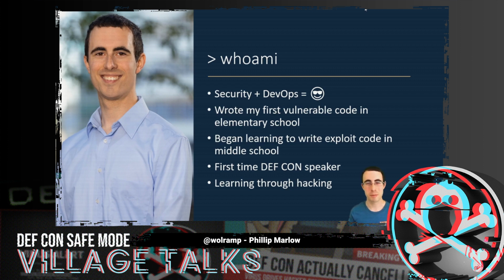That was a big surprise for them when they found out we'd been hacked because of that. I first began learning to exploit applications in middle school when I received as a present the book Hacking: The Art of Exploitation. And I've been involved in application security one way or another ever since then.